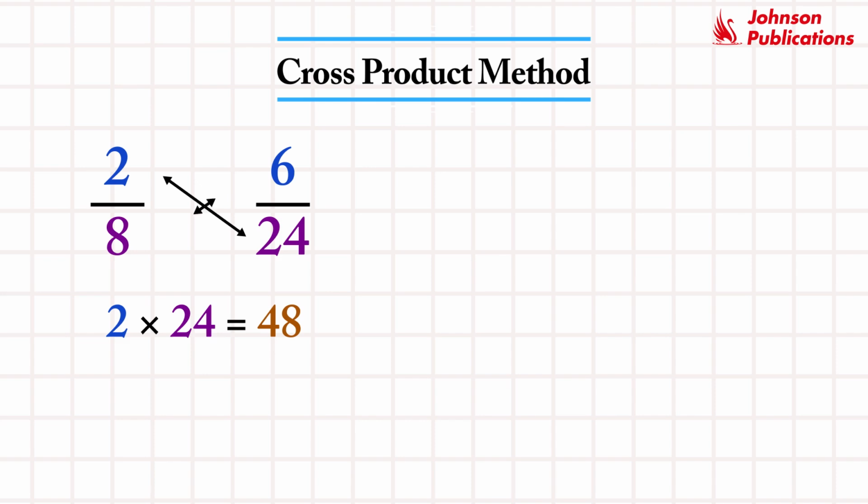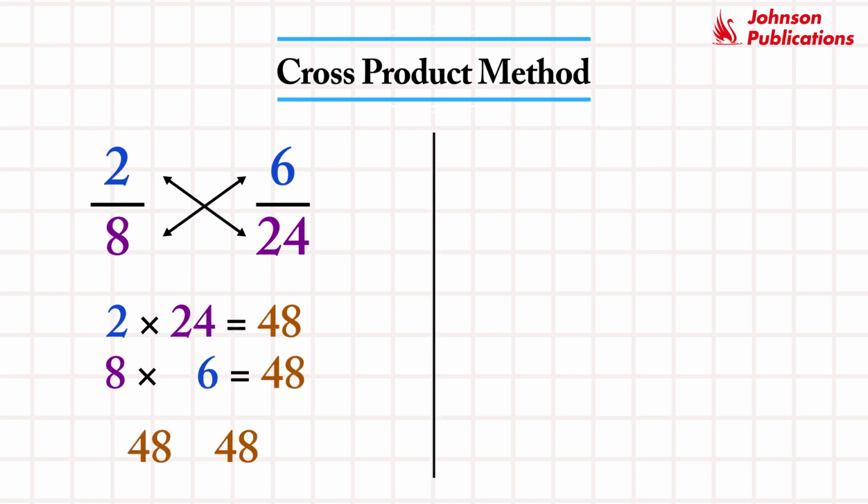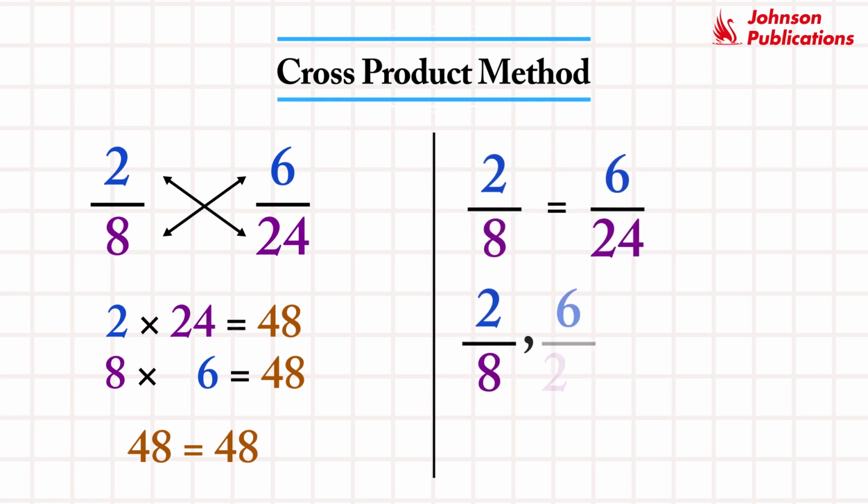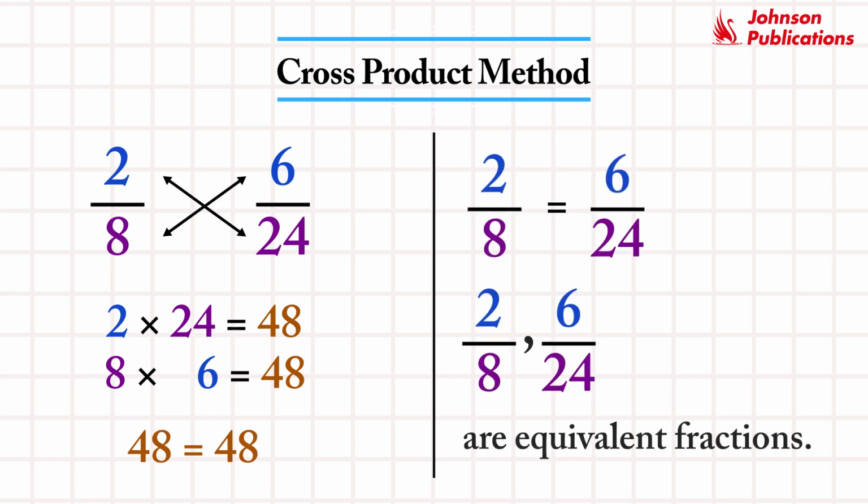Similarly, multiply the denominator of the first fraction by the numerator of the second fraction. We get 48. If the results of these multiplications are the same, the fractions are equivalent, otherwise, they are not. In this case, 48 is equal to 48. The given fractions are equal.